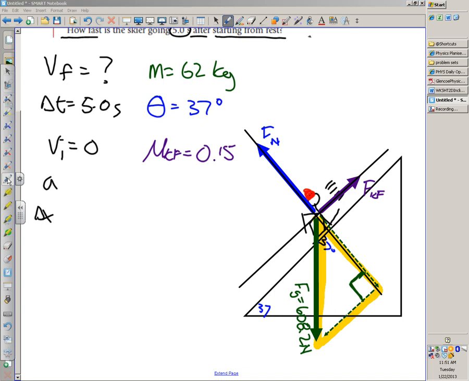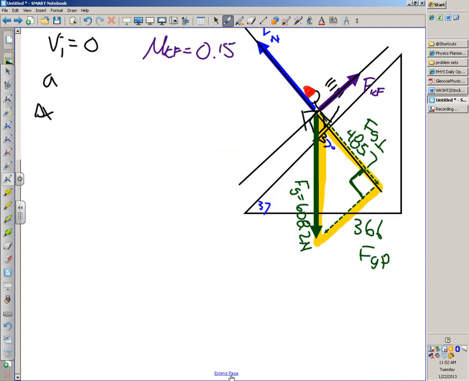Here, 485.7, and that's going to be my F of g perpendicular. And then parallel? 366 does sound more familiar. That's what I meant. So 366, and that's going to be my F of g parallel.